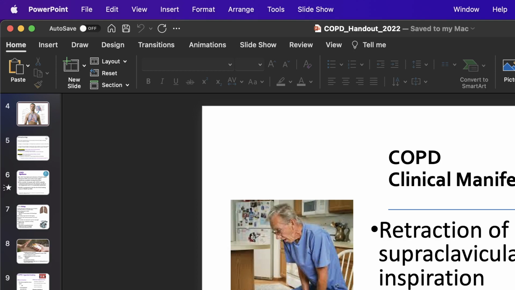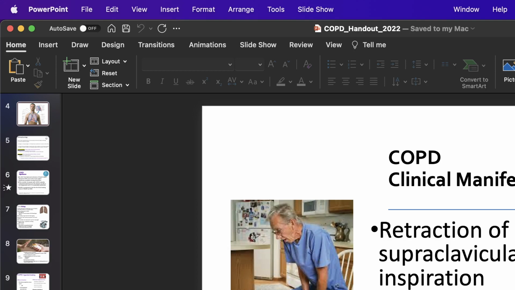Supra just means above the clavicle. I think I'm too fat to show it to you. I'm gonna try. It's like here. So you see them, when they breathe, that indentation kind of sucks in because they're really trying to lift up that rib cage. The shoulders heave upwards on inspiration, and in advanced emphysema, they're using all of their accessory muscles, their abdominal muscles and the muscles around their rib cage.